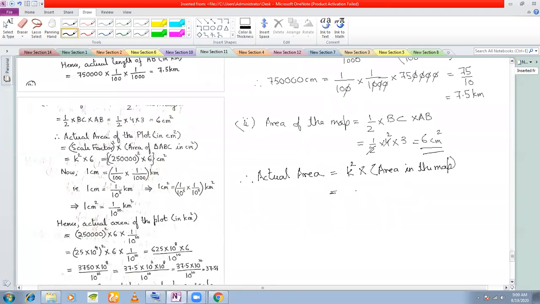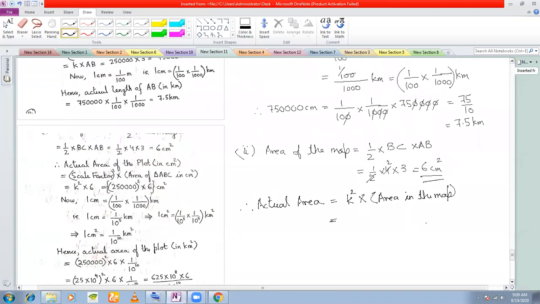And k, the scale factor that you have, is 2 lakh 50,000. So this is 2 lakh 50,000 square into area in the map, 6.